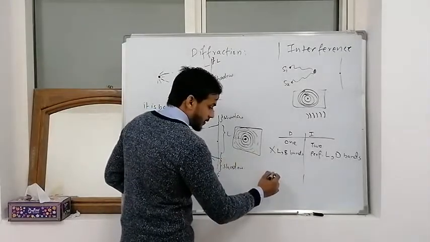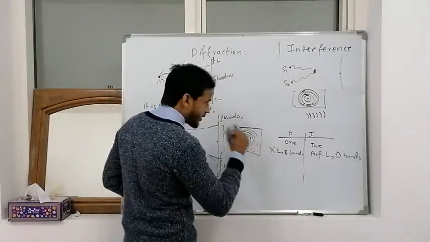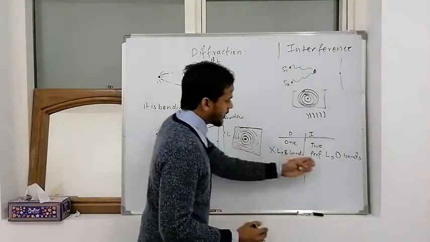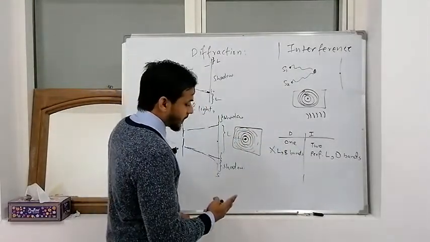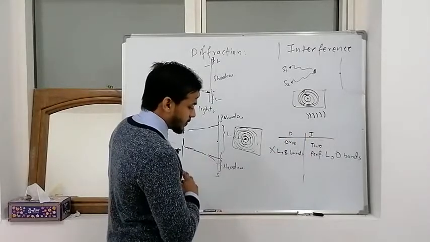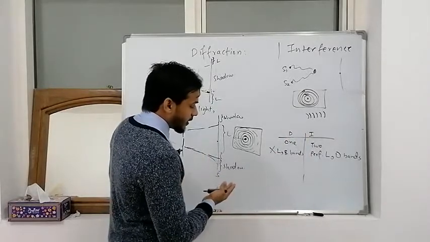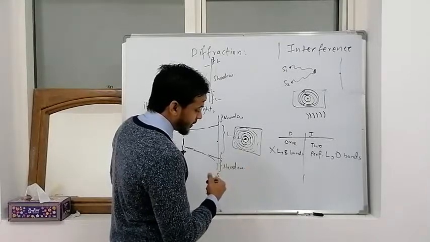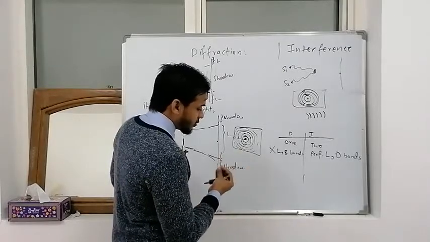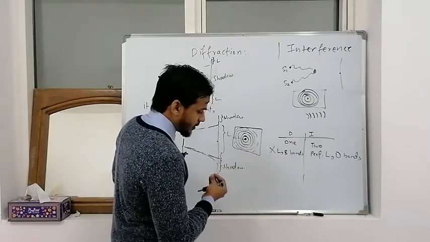And the third point is, in interference we use two sources, in diffraction we use one source. In interference dark means perfect dark and bright means perfect bright, and in diffraction there is no perfection in terms of bands.